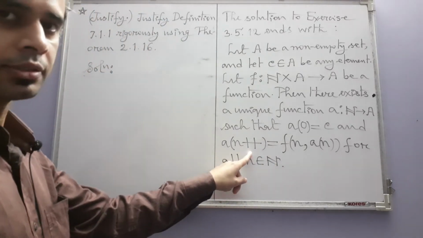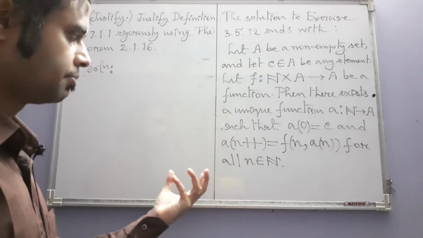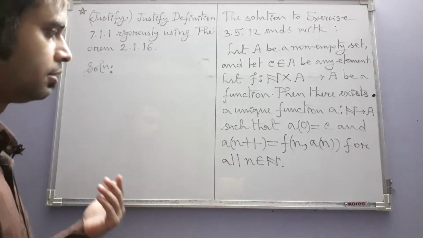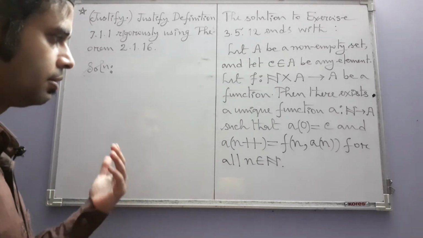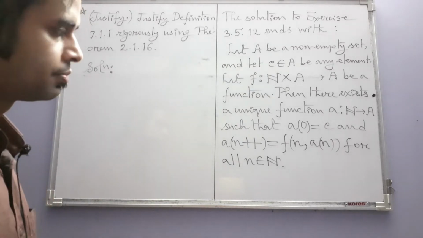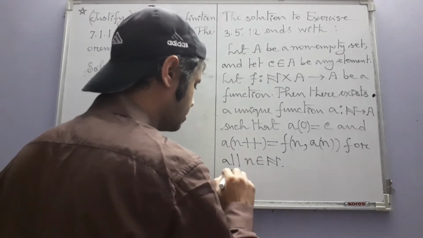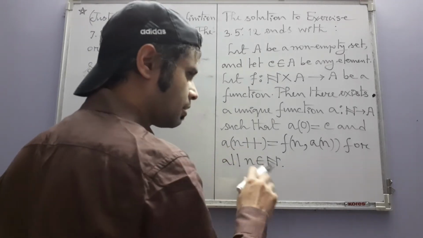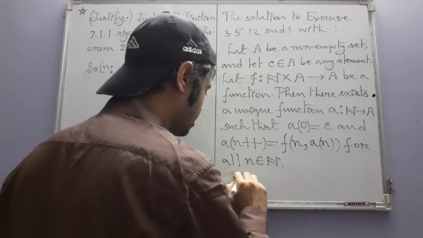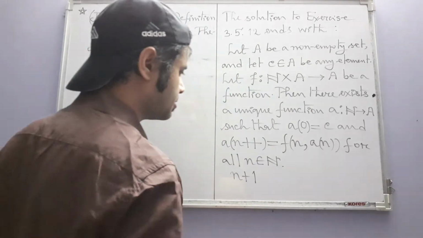Do you remember this thing? This is where we started everything with the successor function, which tells us that every natural number has a next one, and in fact it later turned out that this n plus plus, after defining addition, is equal to just n plus 1. So that's what it is.